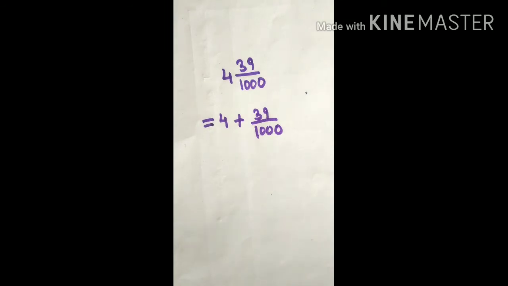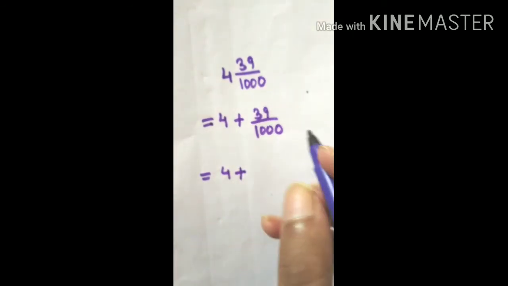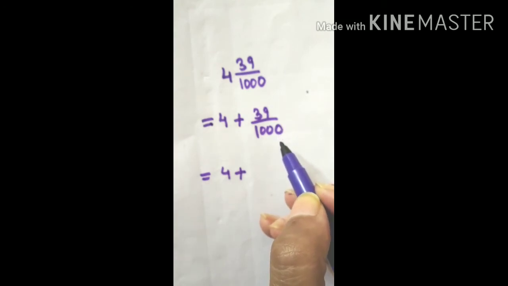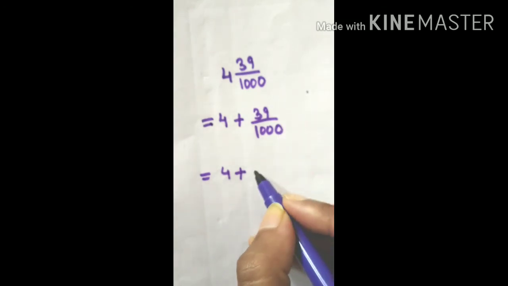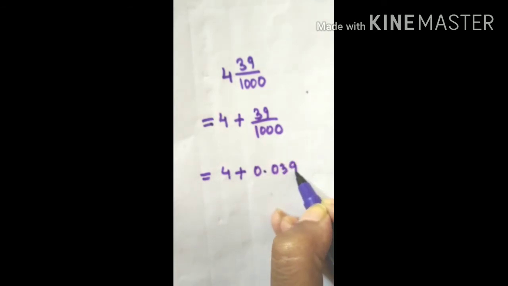And students, in the next step, we will change this fraction 39 by 1000 into a decimal and 4 will remain as it is. So 4 will remain as it is and the fraction 39 by 1000 can be written as 0.039.